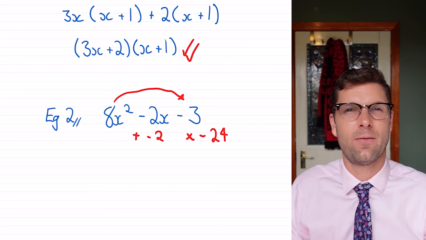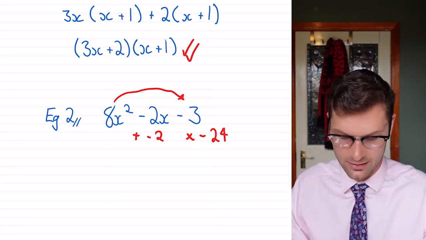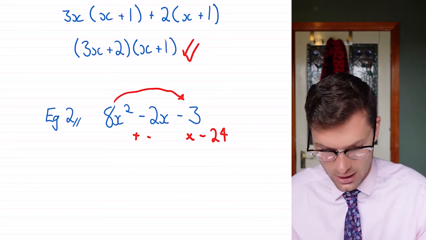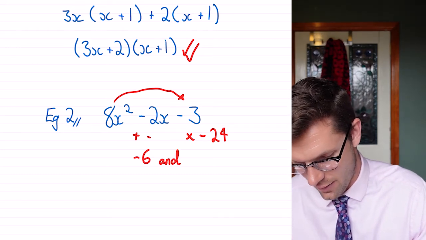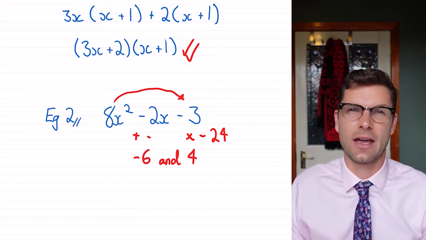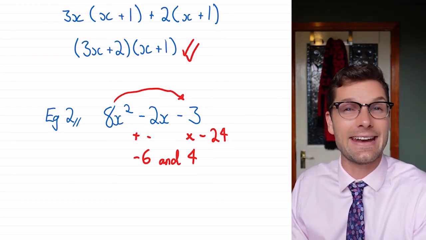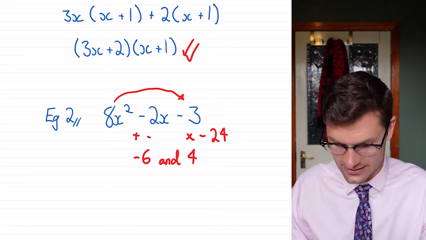The factors of 24 here are going to be 6 and 4, with, as this is negative, the larger number has to be the negative one. So our two numbers here are minus 6 and 4. Okay, so we've got to rewrite out this equation, remembering that that 8x squared is still there, and we've got to put them into pairs that make sense.